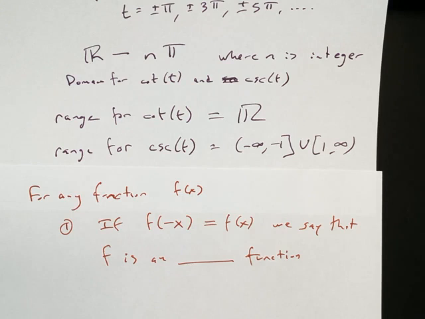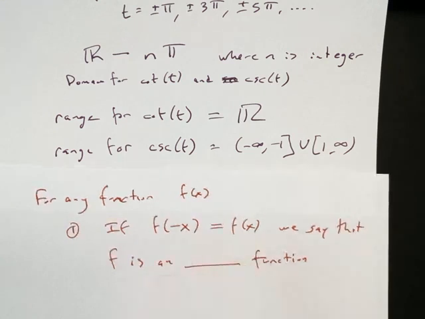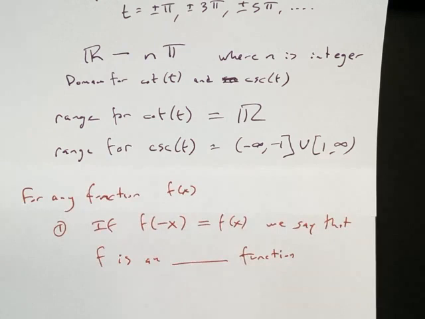We looked at the graph of a parabola. We noticed that the graph of a parabola is the same on the left side as it is on the right side. When the x is negative, I get the same value as when the x is positive. What type of symmetry did we say this had?